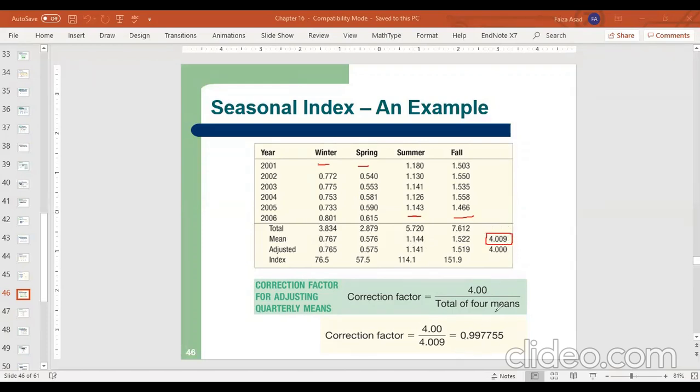So then we will use a correction factor to remove this effect. We will take 4 divided by the total of the 4 means.